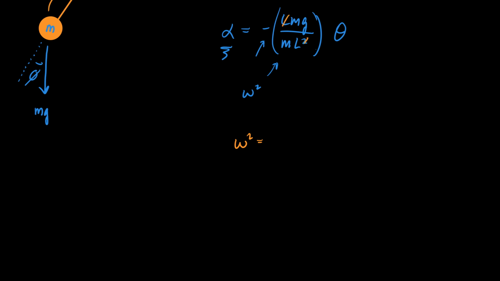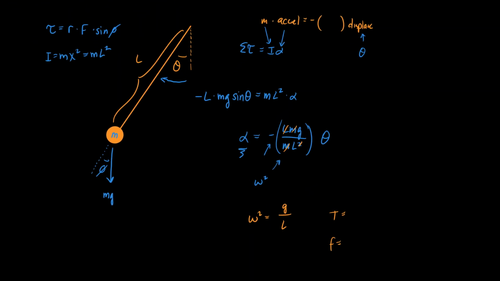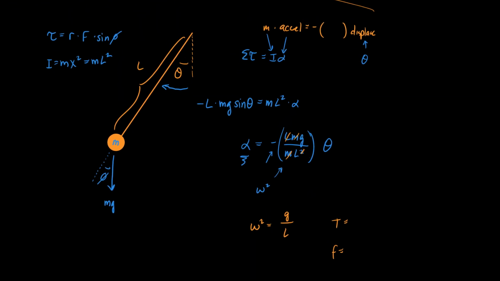Cancel out one of the L's, cancel out the M, and you get g over L. It's not a surprise. This is exactly what we'd expect it to be, because we already knew the period and the frequency of a pendulum. This is just where it comes from. It comes from looking at the force and seeing if the force is proportional to the displacement.